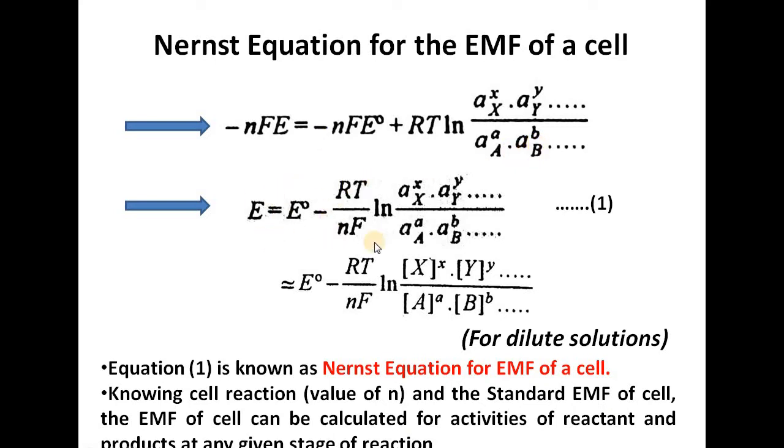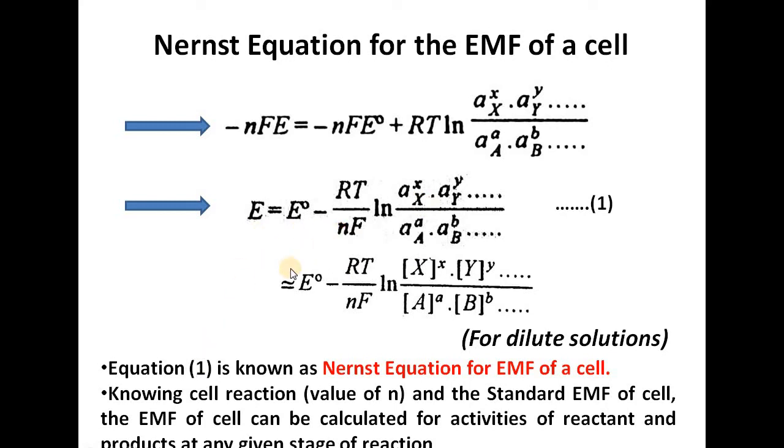Now from this expression, we are getting the final expression for the EMF of the cell at any stage, which will be given by the standard EMF of the cell minus RT/nF ln (aX^x · aY^y) / (aA^a · aB^b), and so on. So this is the general expression, and this is known as the Nernst equation for the EMF of a cell.